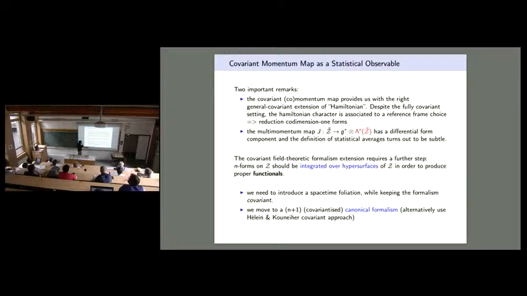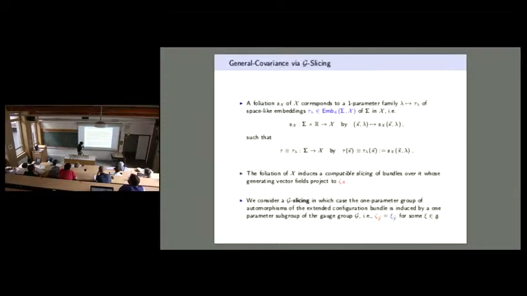So we need to move to a canonical formalism, which is everything you don't want to use in a covariant approach. So we need a covariant formalism, which means 3+1 decomposition of space and time, but done in such a way that it's still covariant. So done for every possible choice of reference frame, basically. So you introduce a foliation. You introduce a foliation in terms of a slicing mapping.